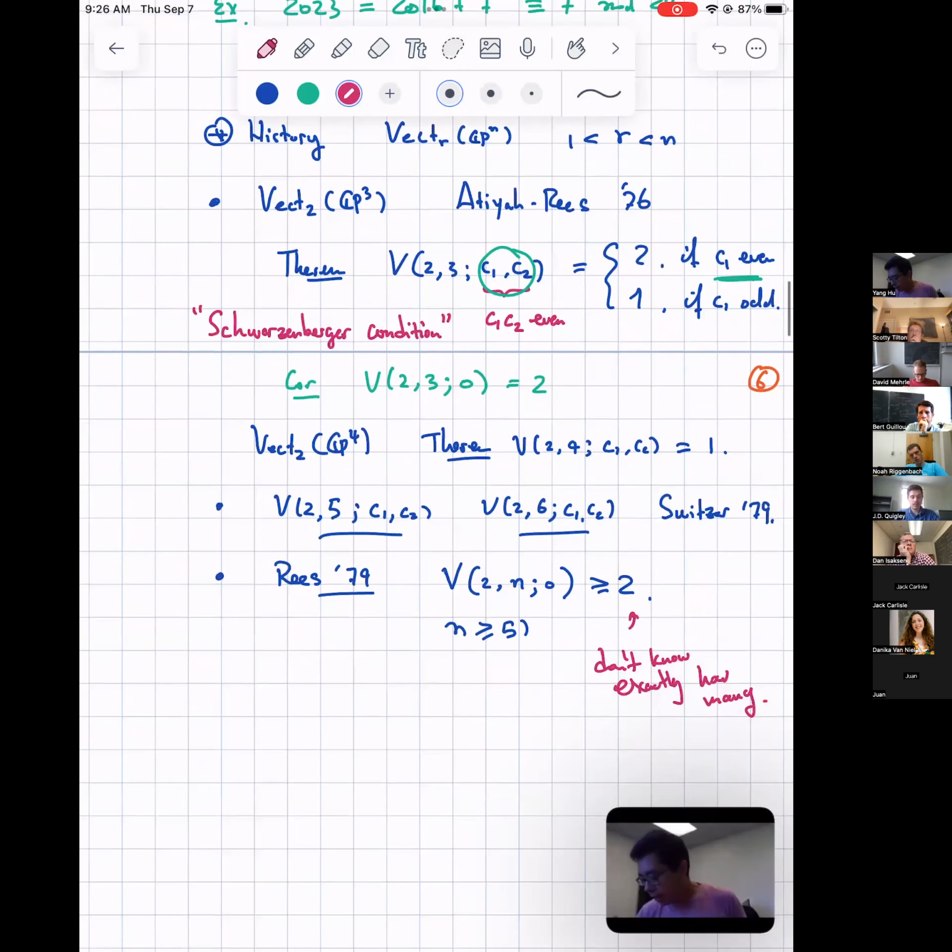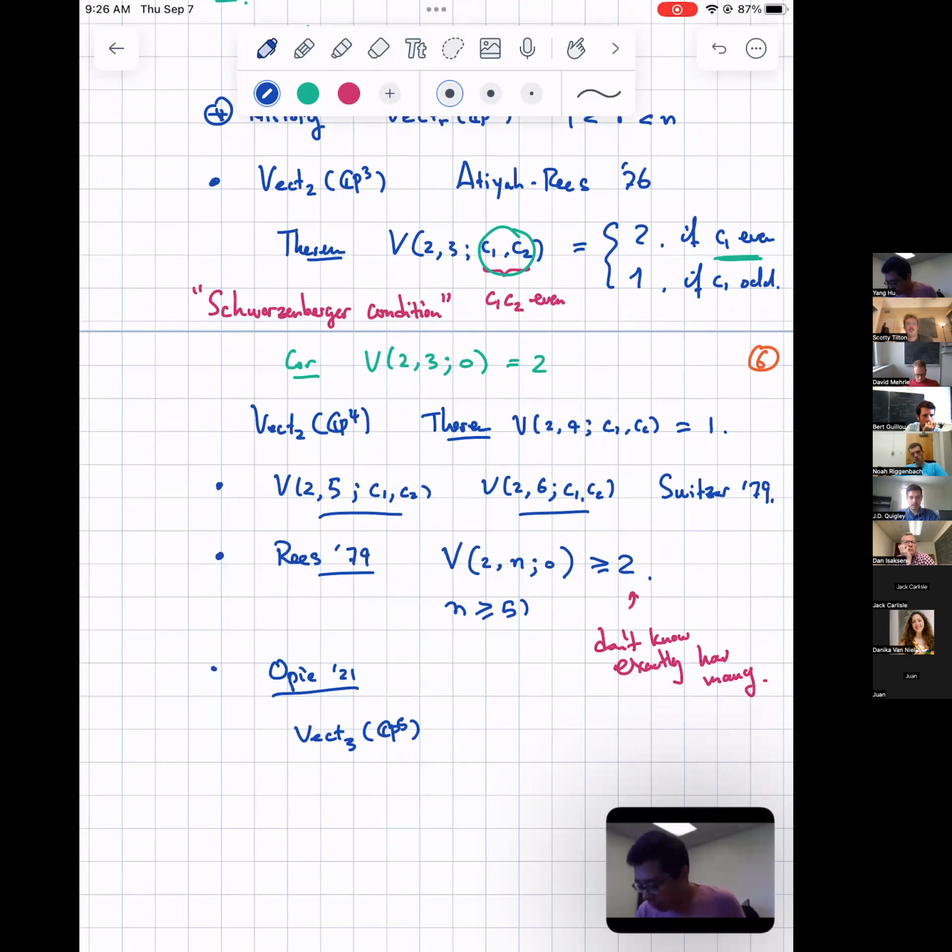Okay. And let me also mention a recent result. That's the result of Morganopi, who gives a full classification of rank 3 bundles over CP5. In particular, there's the Chern enumeration for V35 with given Chern data C1, C2, C3.